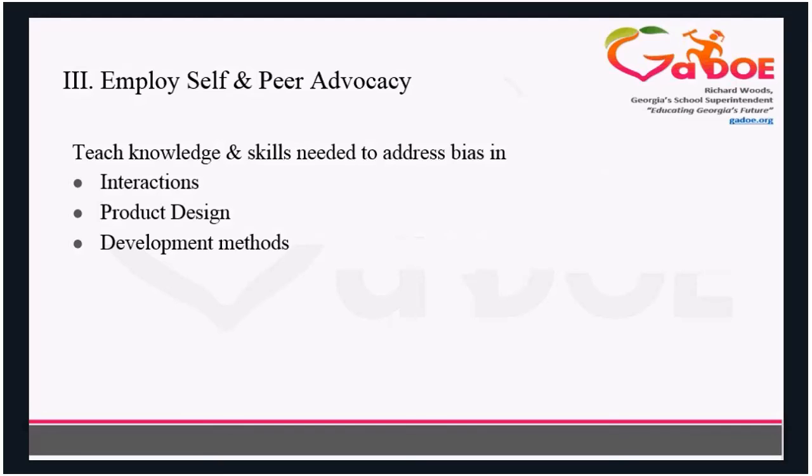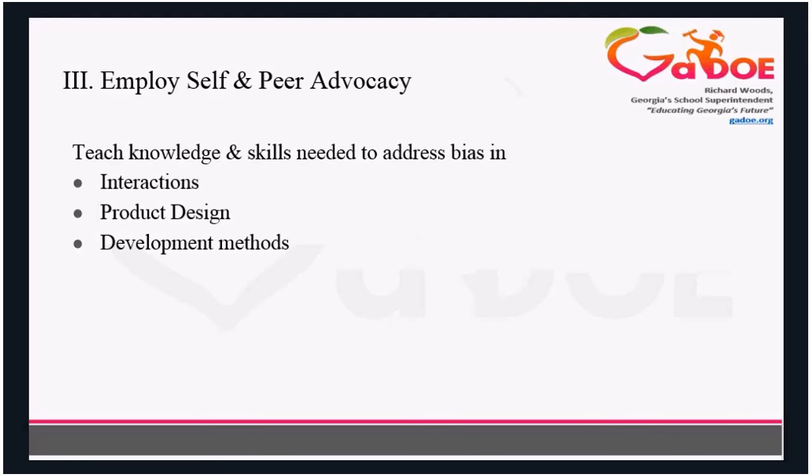So we know that if the classroom is not inclusive and is not structured in a way to where students feel safe and they feel comfortable in being able to express some of their own needs or needs of others that they see, like perhaps an injustice that they see.